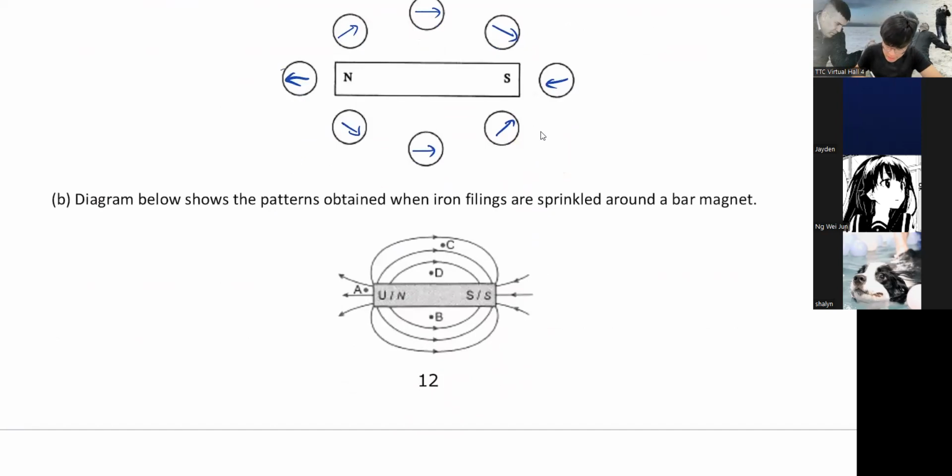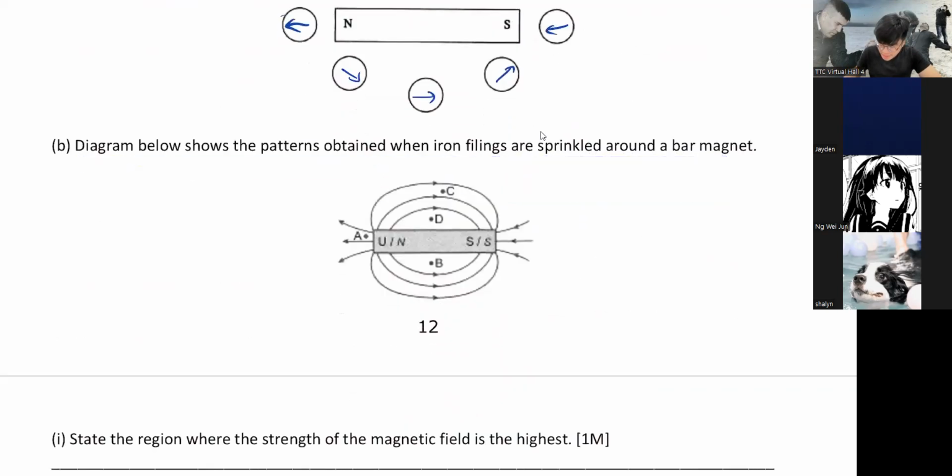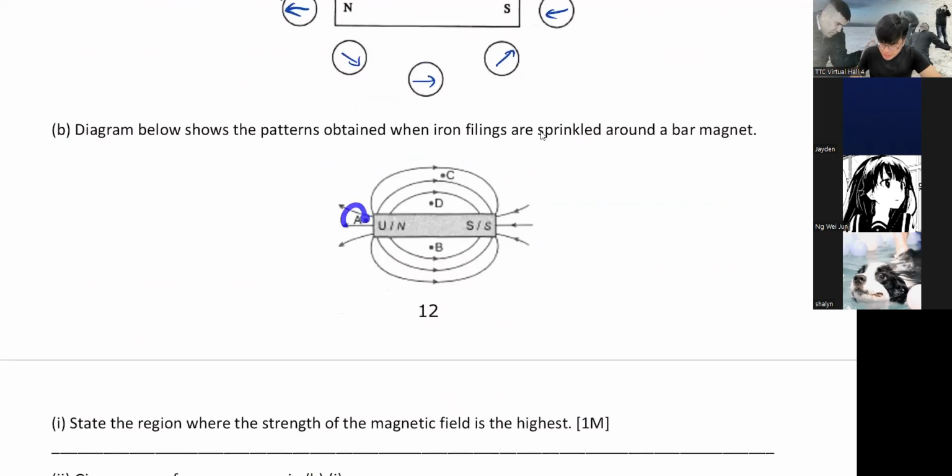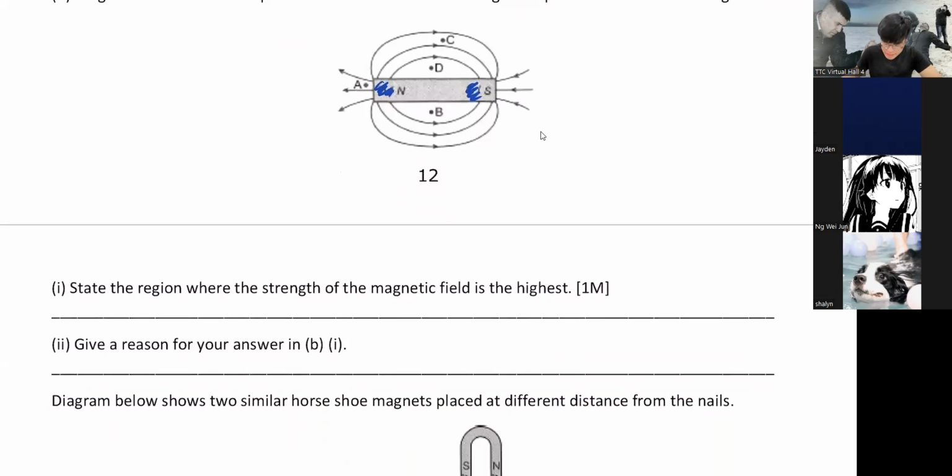So B, the diagram below shows the patterns obtained when iron filings are sprinkled around a bar magnet. So this is what we drew just now. You have A, B, C, and D. Cancel away the U, the S here. Number one, state the region where the strength is the highest.